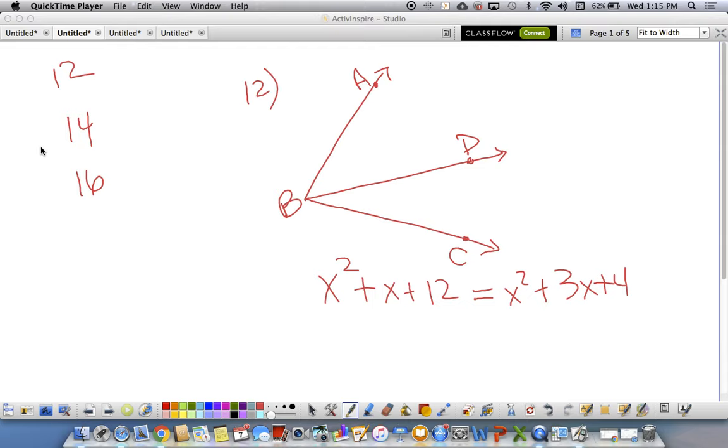And pretty sure you can solve that. I'm turning the page. Oh, maybe not everybody knows.